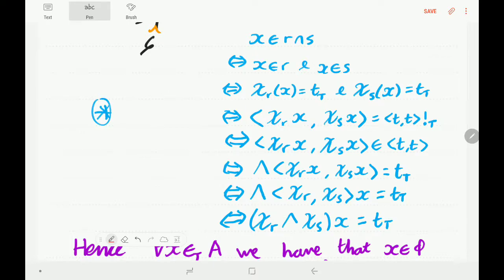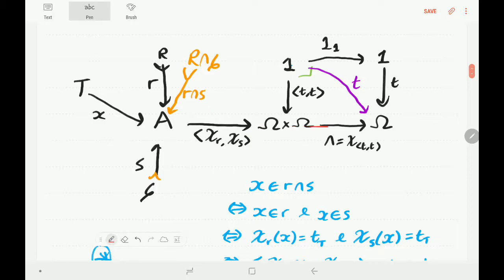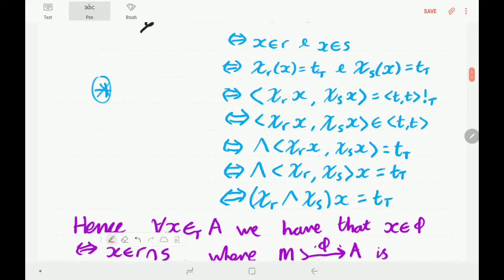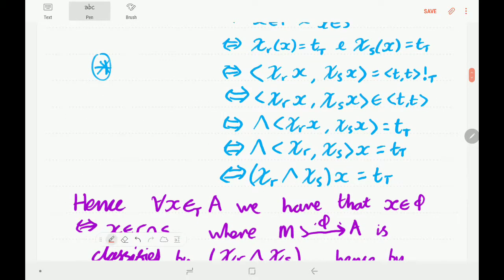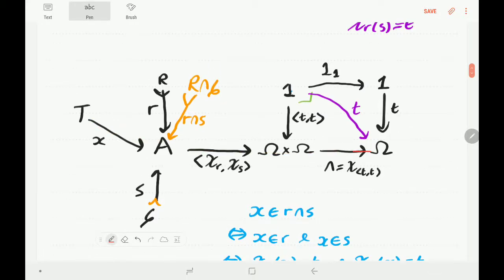So the bottom line of this is that if this arrow, chi of R and chi of S of X, which is this arrow we get by following these roughly horizontal arrows along, if that is true, well, let's suppose that that long arrow is the classifying arrow.